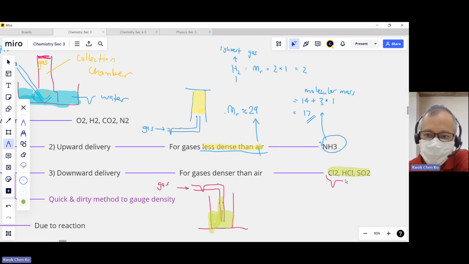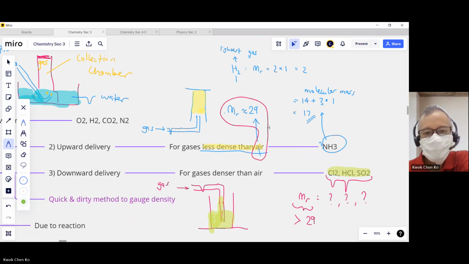So I leave it up to you to try calculating the molecular masses of these 3 gases. Try to convince yourself. Make sure your values are more than 29. Remember, 29 is for air. All right, so yes, they are heavier, they are denser than air, so they will sink to the bottom and get collected here.